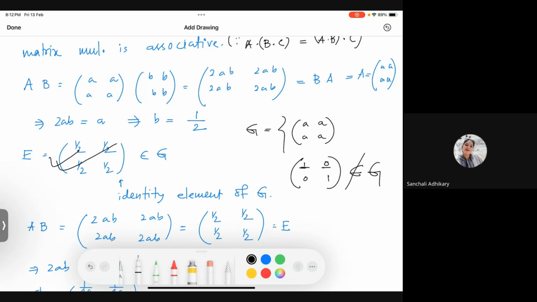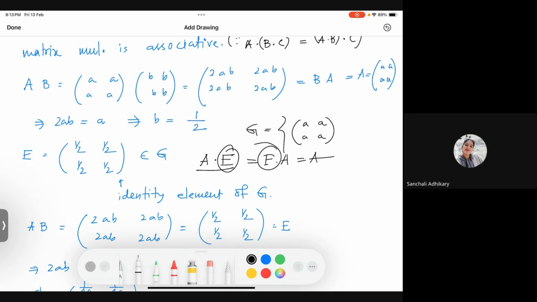Because the entries are not all equal. The identity element must belong to the group. So this E belongs to the group, and A into E equals E into A equals A, so E is the identity element for this G.